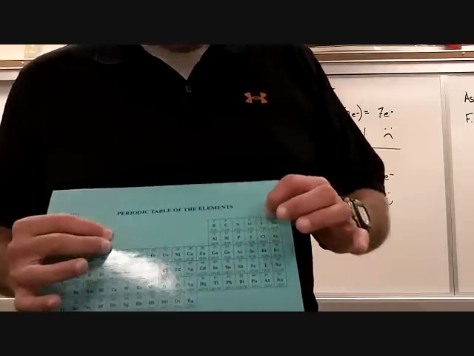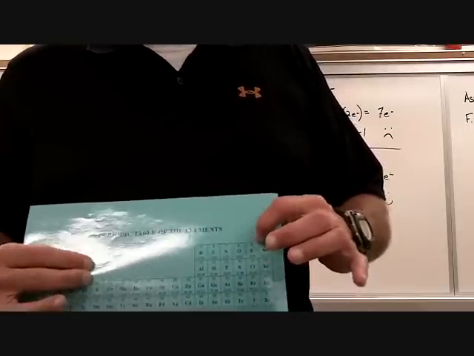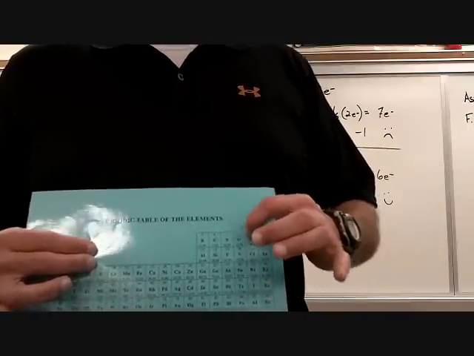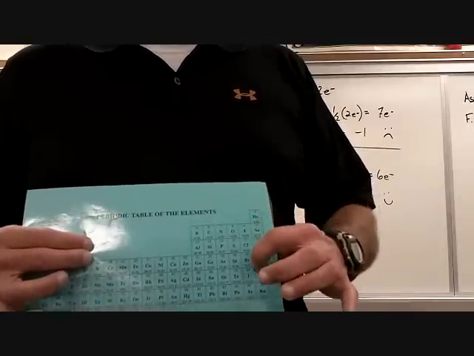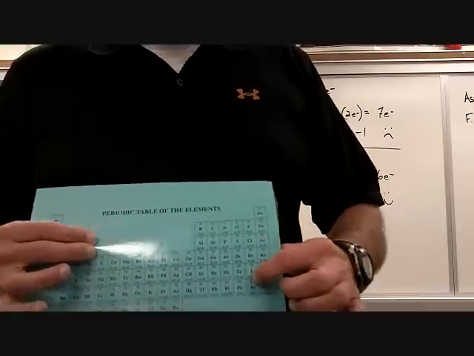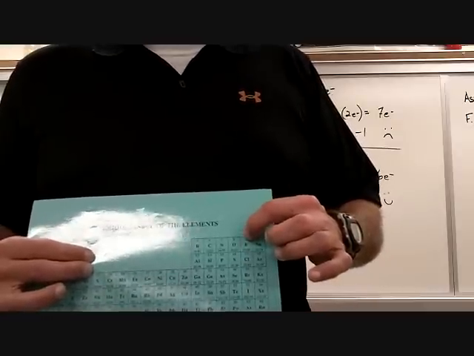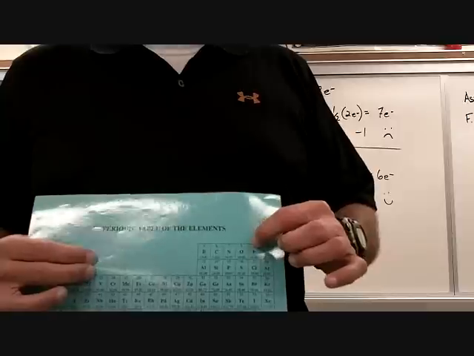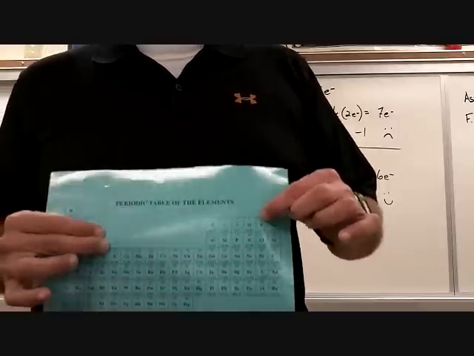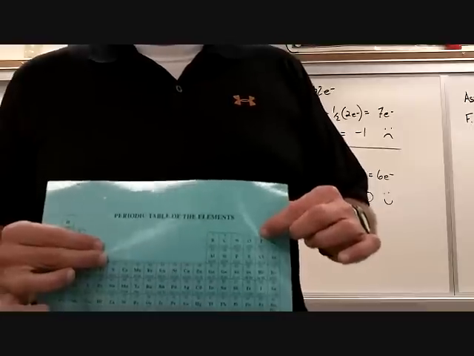Okay? Looking at group 7A, how many valence electrons do they have? 7. How many more electrons do they need to have an octet? 1. You'll also find out, as external atoms, those elements in group 7A want to be single bonded to have a formal charge of 0. I'm saving you guys a ton of time right now. Isn't this cool?